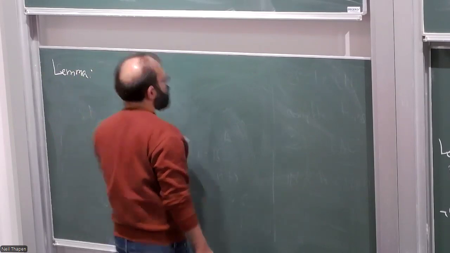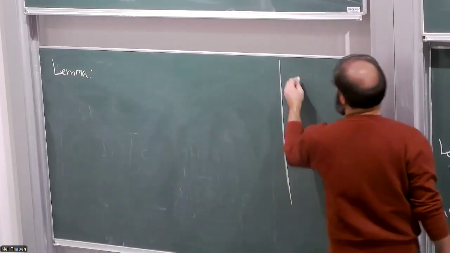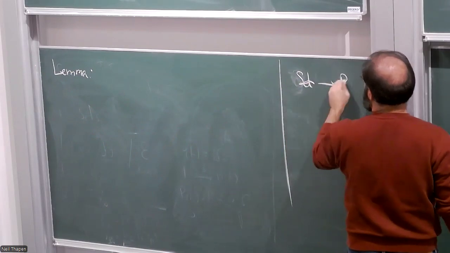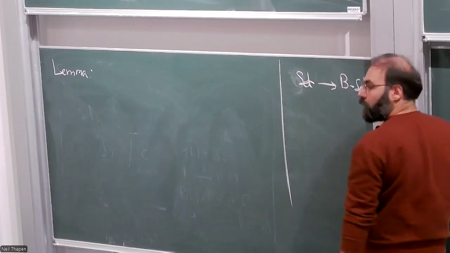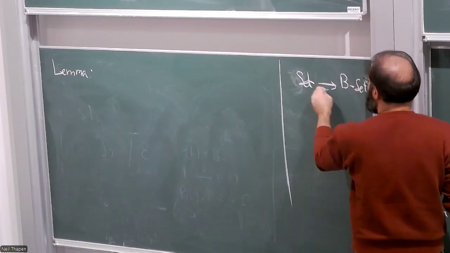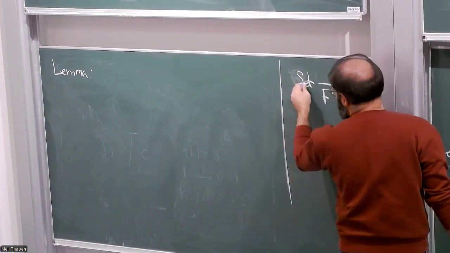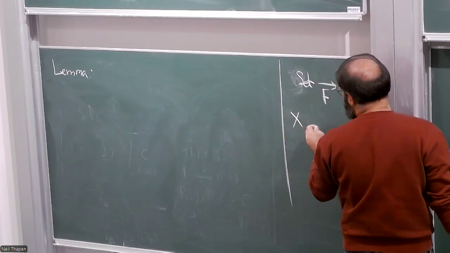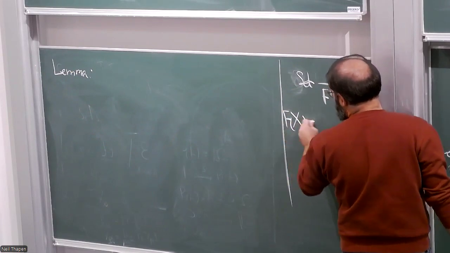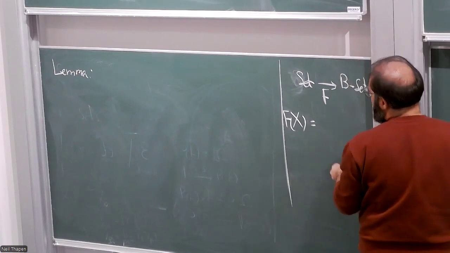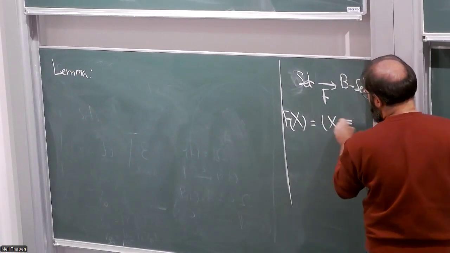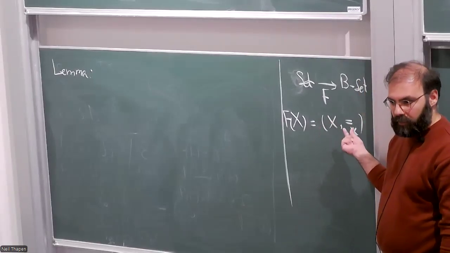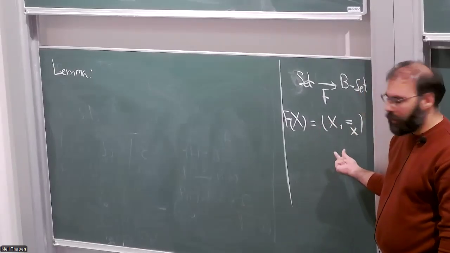Okay, first, there is a way to go from set to B set, right? There is a functor here. The functor is, as I explained, right? So you start with set X, whatever it is, and then F of X as a B set here is simply X and the obvious equality: if two things are equal, then it assigns 1, otherwise 0.